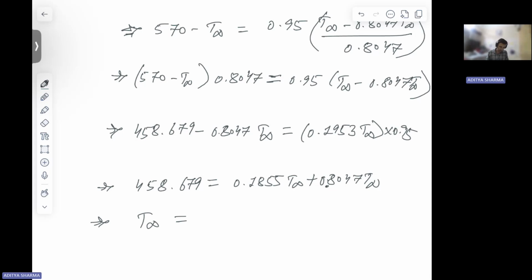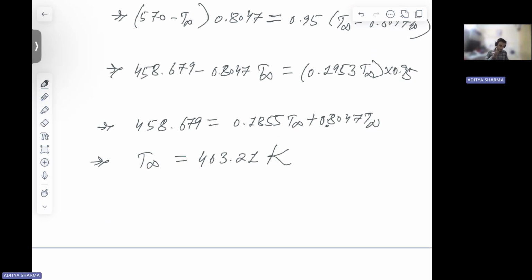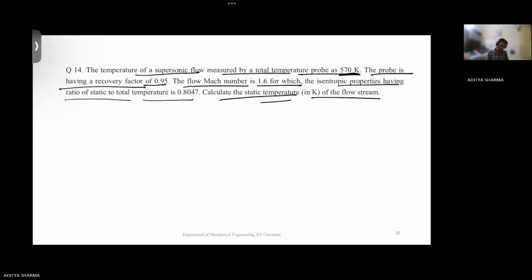So this will come out to be 463.21 Kelvin. So this is your T infinity, the static temperature of the flow stream. Question number 14.